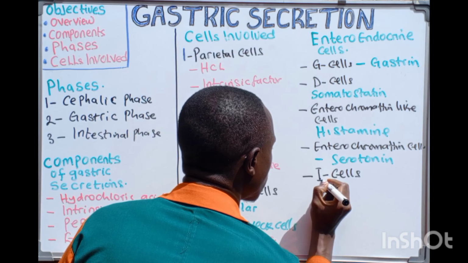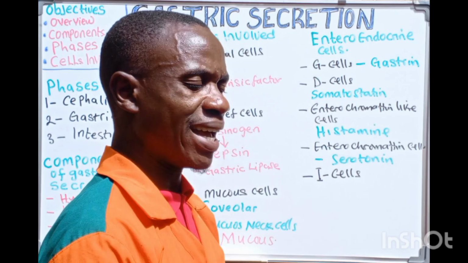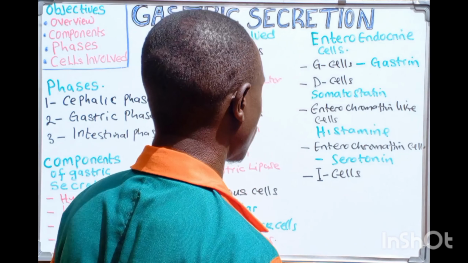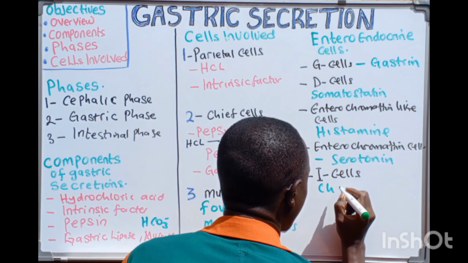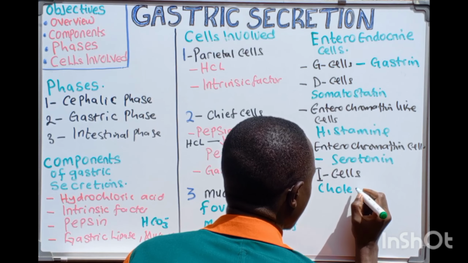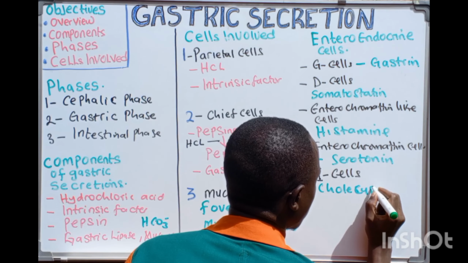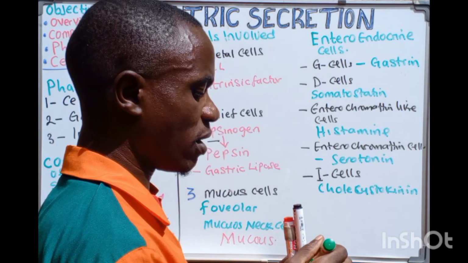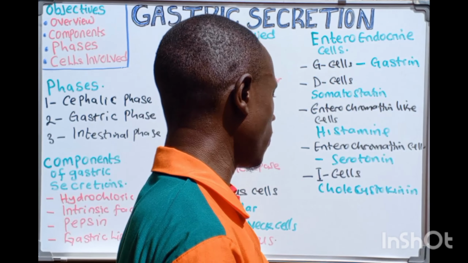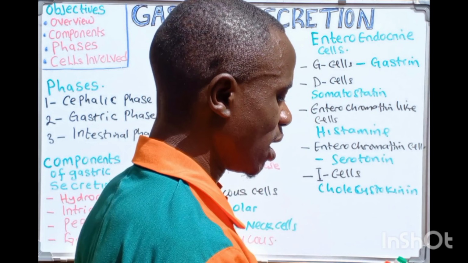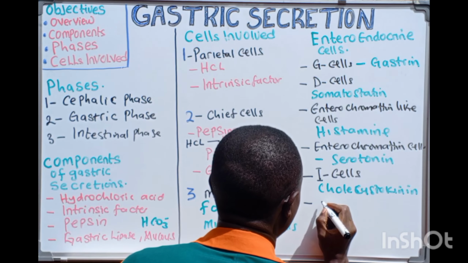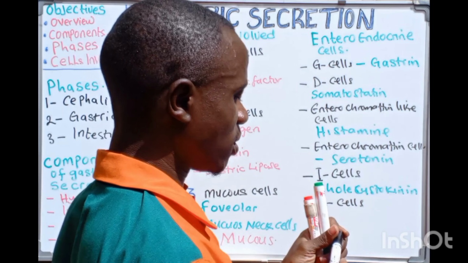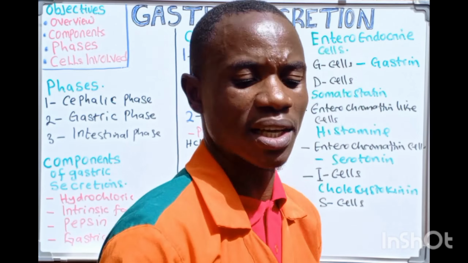This cell releases a molecule called cholecystokinin. Then we also have the S cells, and these cells produce a molecule called secretin.